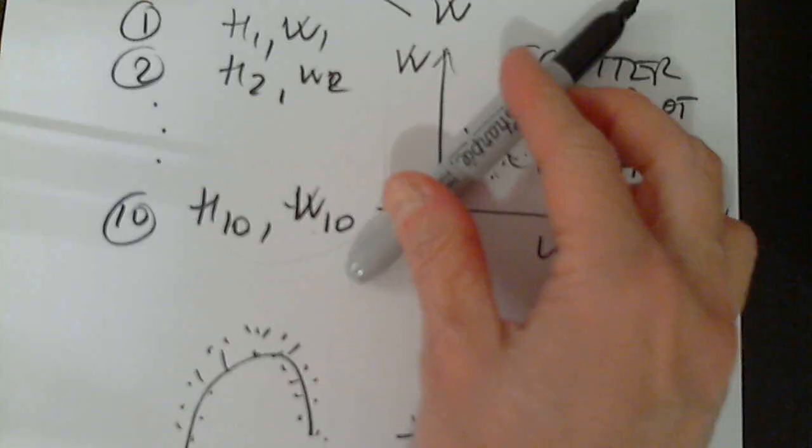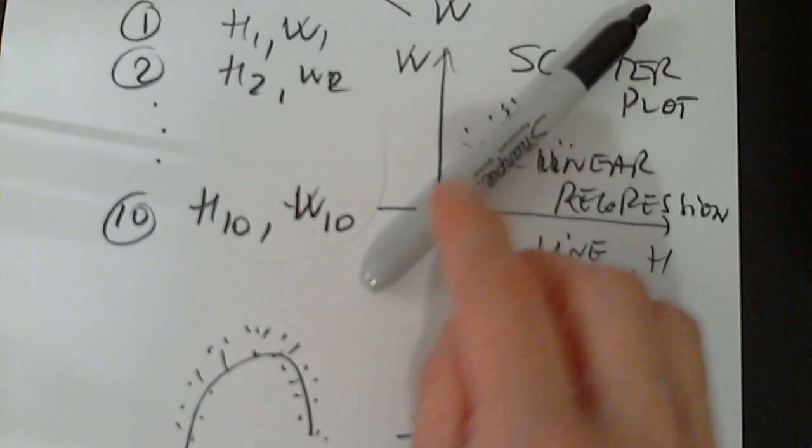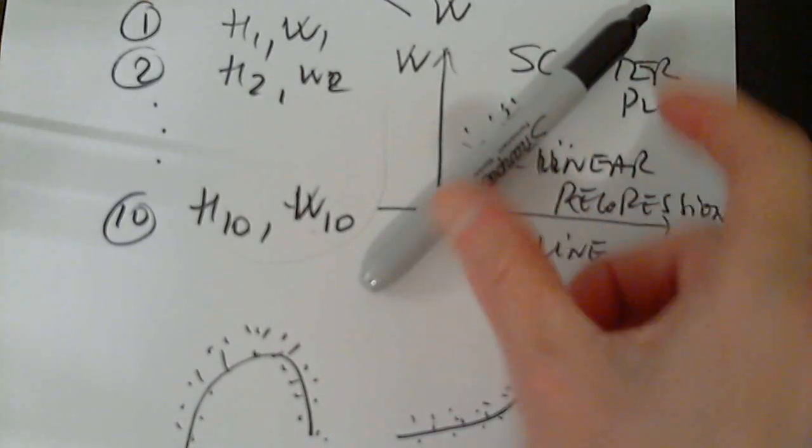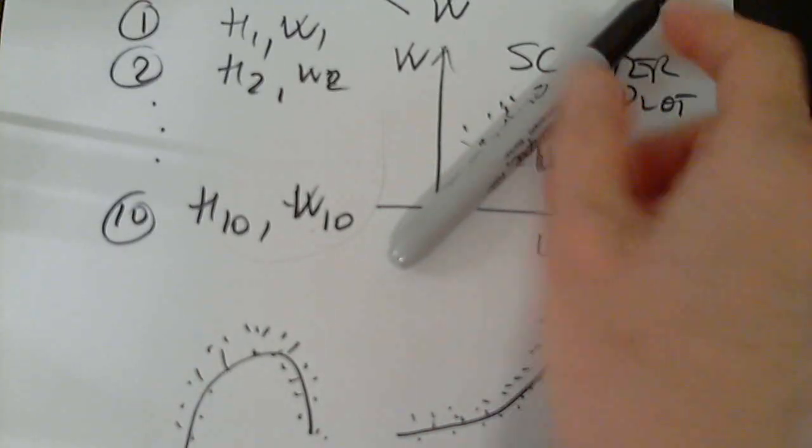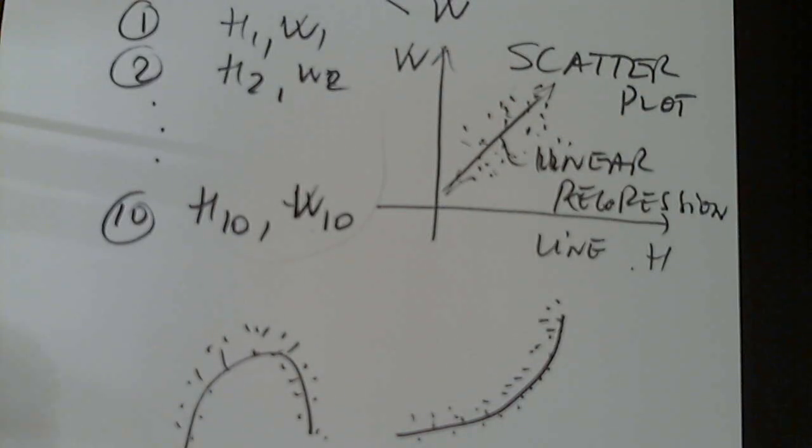I want to determine this line to predict, not too far out of the data, but to predict trends. So let's take a look at an example, and I want to show you how to work these problems with a graphing calculator. This is on page 582.